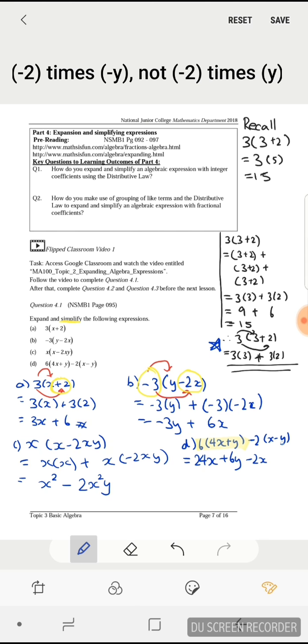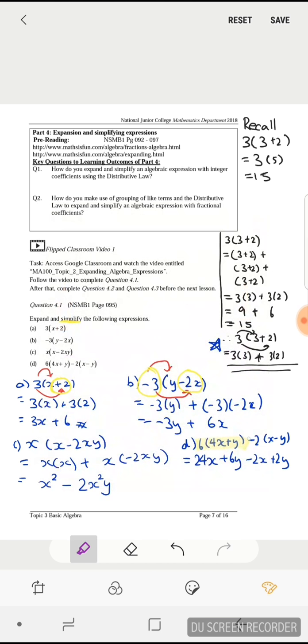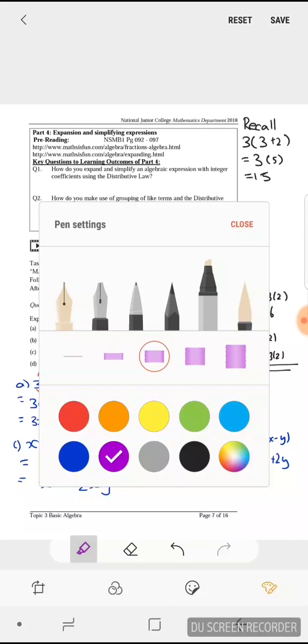So negative times negative gives you positive 2y. Let me just highlight this again. Please remember that you need to pay attention that this is negative 2 multiplied to x and negative y, not just the 2. Okay?